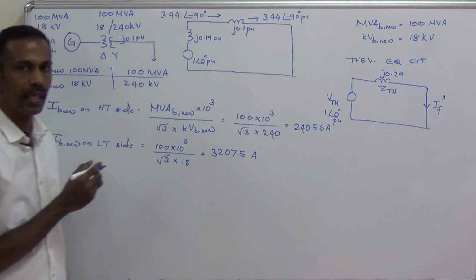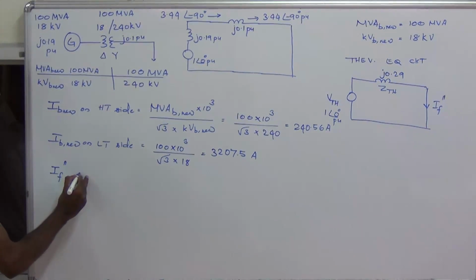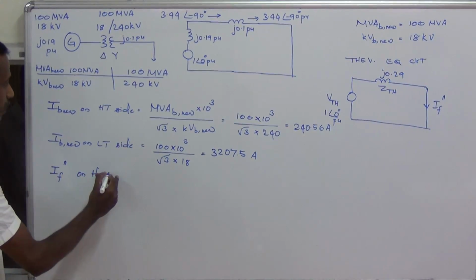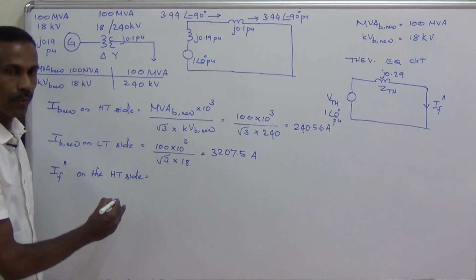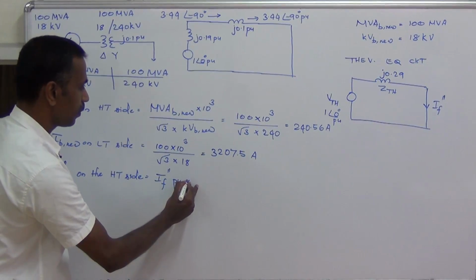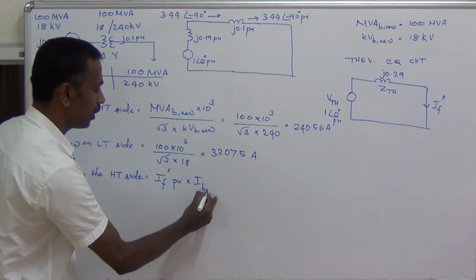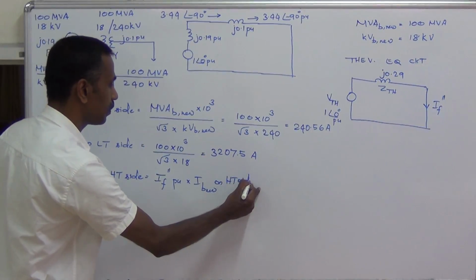Now let us find out the actual fault current. IF double dash on the HT side is equal to the per unit current into the base current IB new on the HT side.